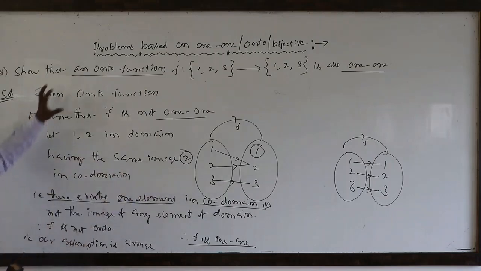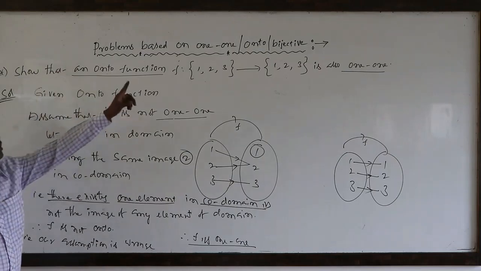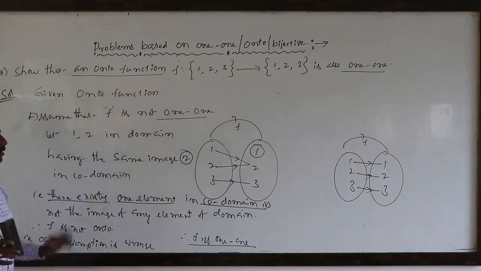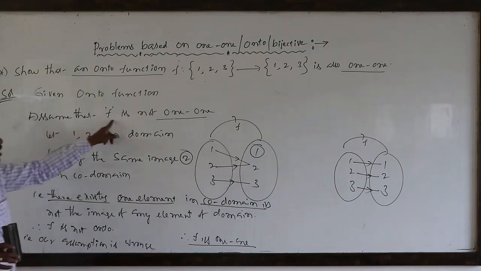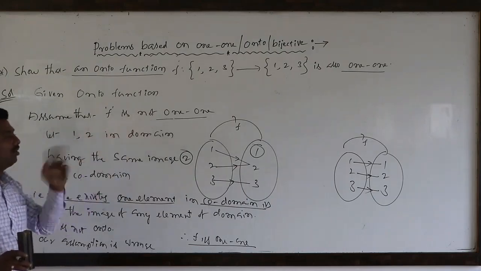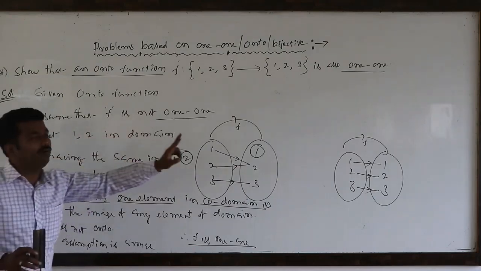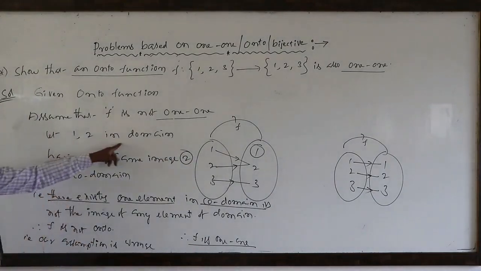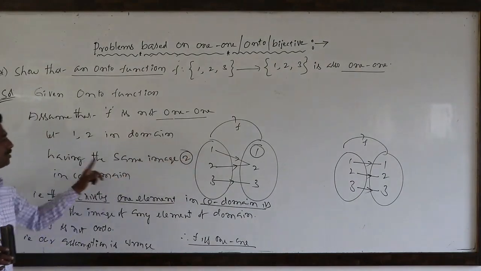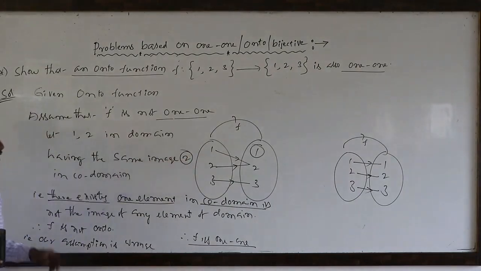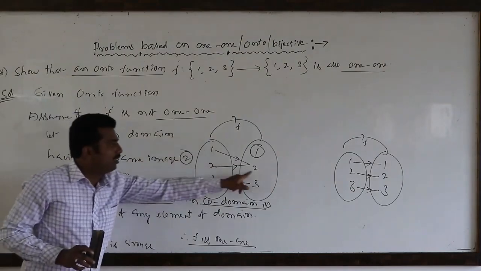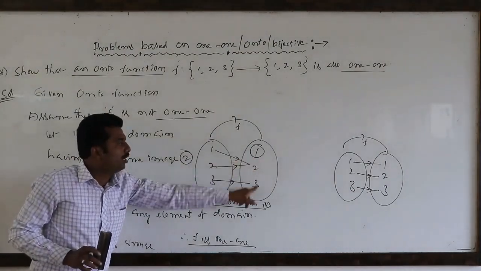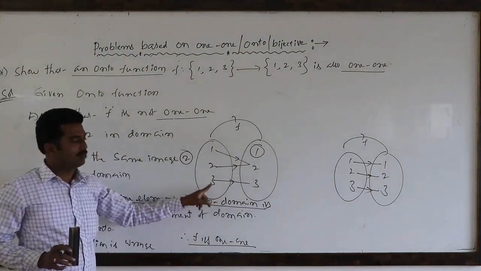See once again, the given function is onto, and we have to prove that the same function is also 1-1. So just we are assuming F is not 1-1. F is not 1-1 means 2 or more elements of domain have the same image. Suppose 1, 2 in domain, 2 elements having the same image, suppose 2 I am taking. So 2 elements are covered here, only 1 element is left.